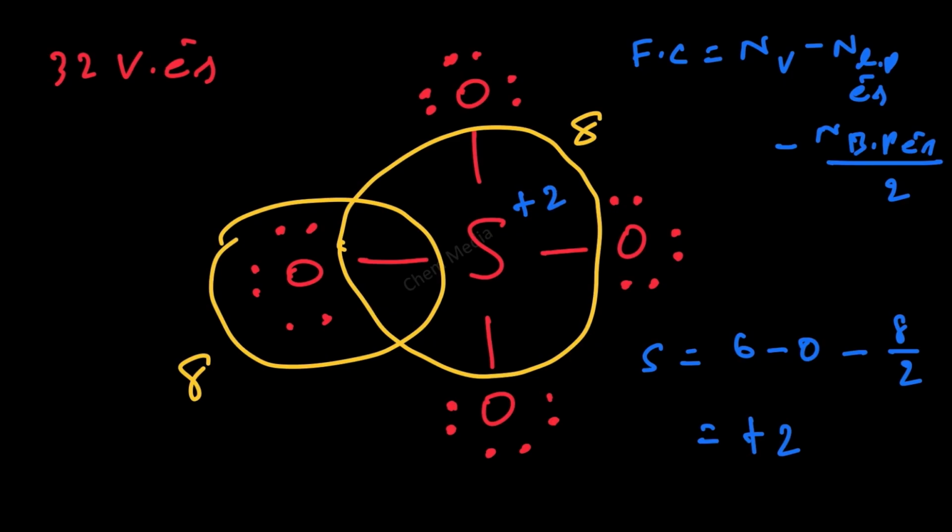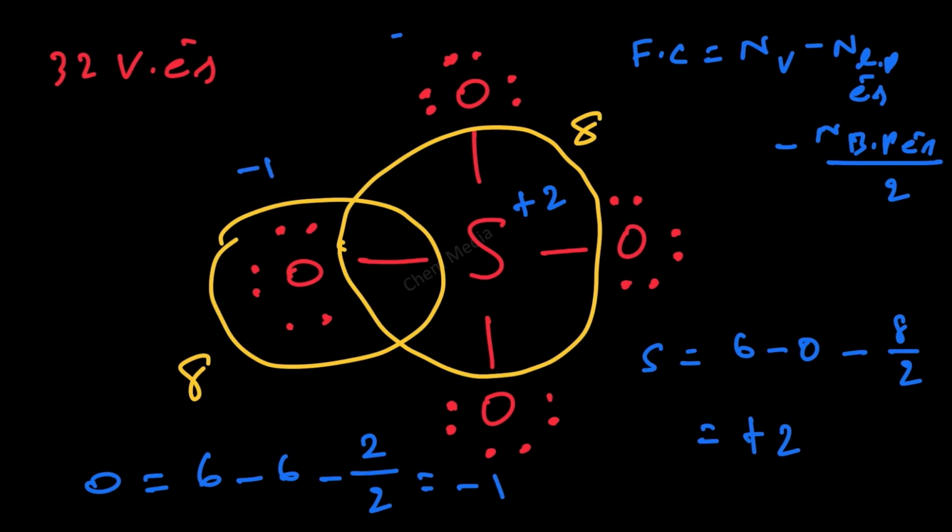How about oxygen? For oxygen, if we calculate the formal charge, we would get -1 for each oxygen. Let's cross check that. We have 6 valence electrons in the oxygen minus we have 3 lone pairs, that means 6 electrons, because we are counting the lone pair electrons, not lone pairs. Therefore 6 minus 6, so that is 0, minus we have 1 bond, therefore 2 by 2, which means this is equal to -1.